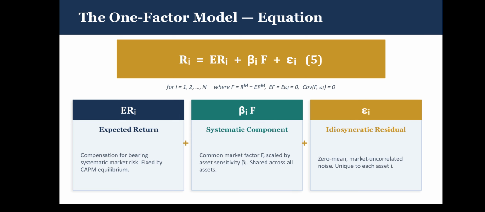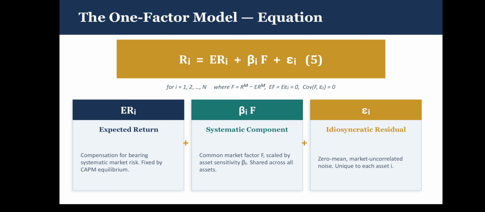Let's unpack each term. E[Ri] is the expected return, your compensation for bearing market risk, fixed by CAPM. Beta i times f is the systematic component, your exposure to the common market factor. Epsilon i is the idiosyncratic residual, firm-specific noise with no market connection. The proof is clean. Substitute equation 1, expand, and everything cancels to give back equation 3.